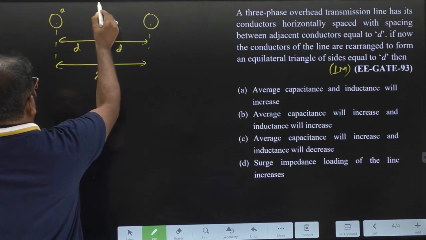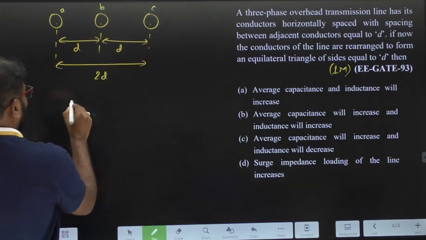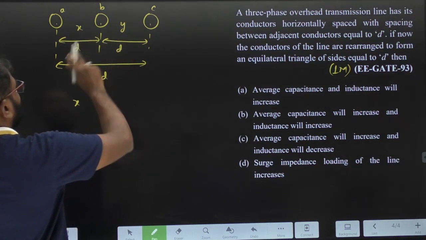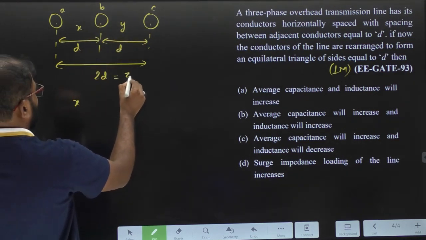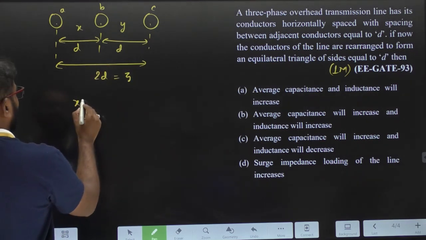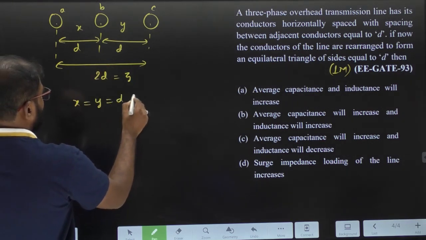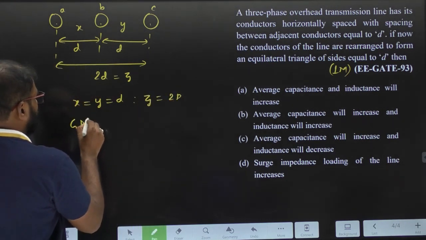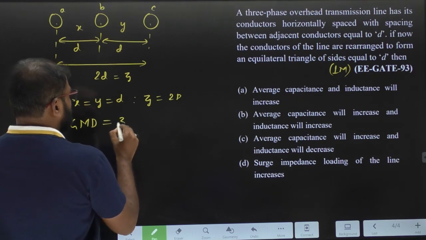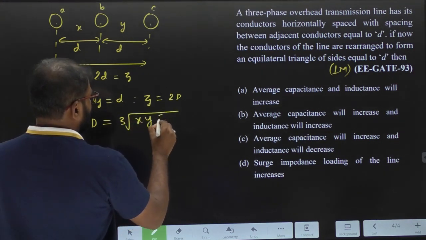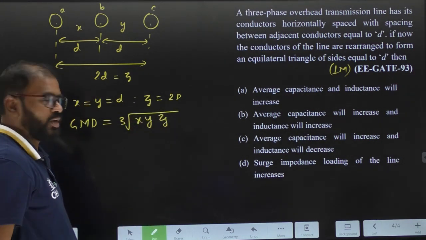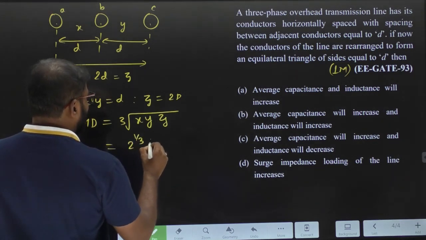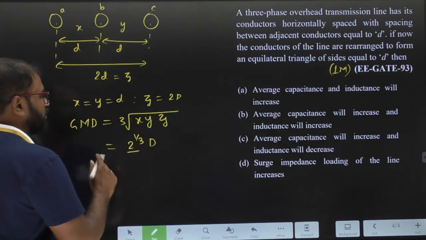Let's say this is A, B, C. Here X is the distance from A to B, Y is the distance from B to C, and Z is the distance from A to C. X equals Y equals D, but Z equals 2D. So the GMD is the cube root of XYZ. This is the generalized formula for a three-phase transmission line. This gives 2 power 1 by 3 times D, and 2 power 1 by 3 is greater than 1.